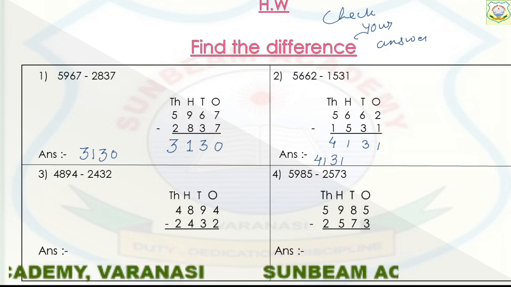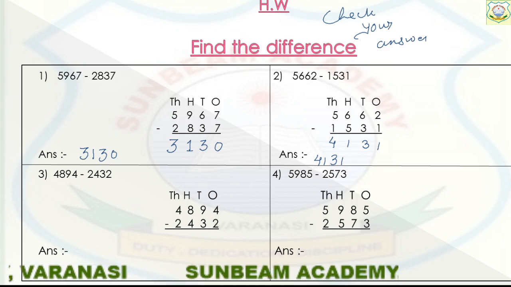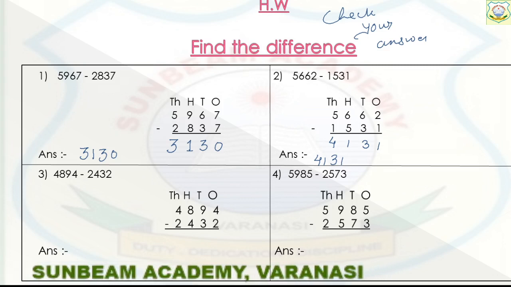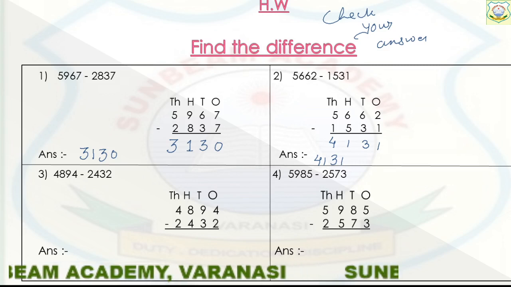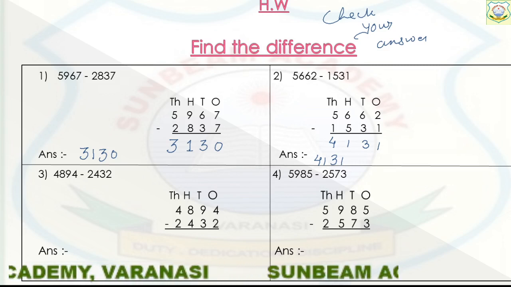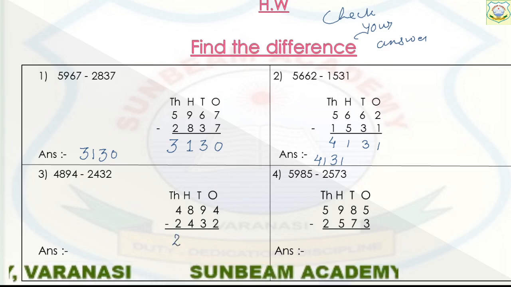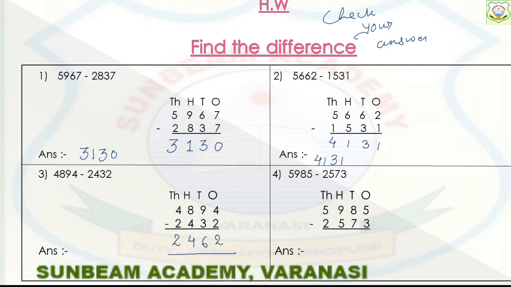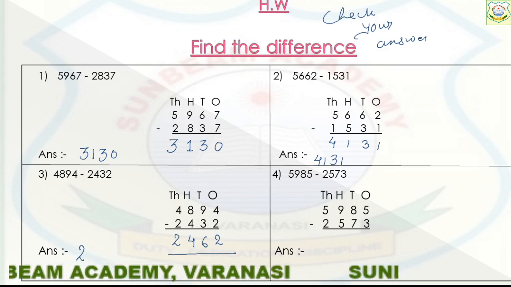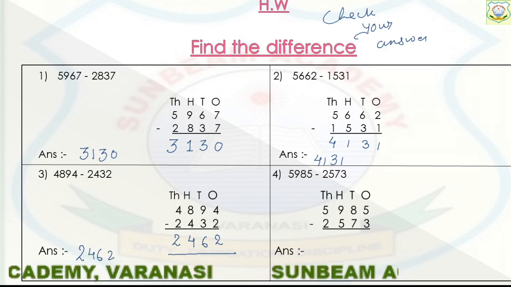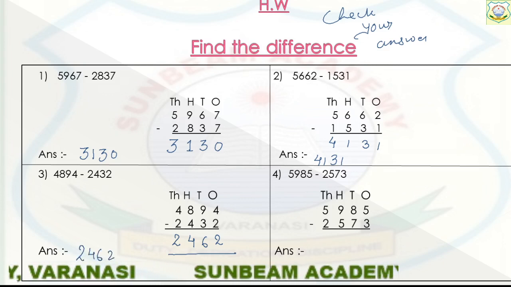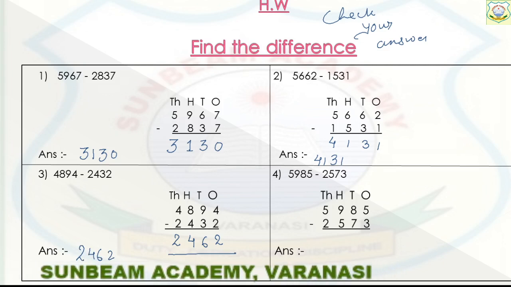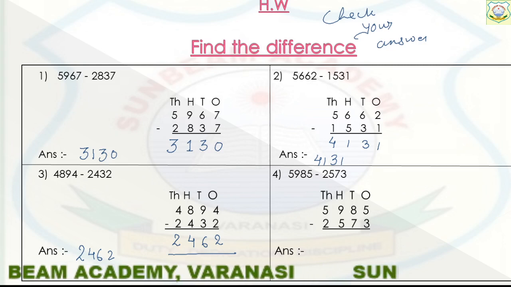Next, 4,894 minus 2,432. How much have you got? If you have got 2,462 as an answer, then it means you have done correctly. Okay? Now next.